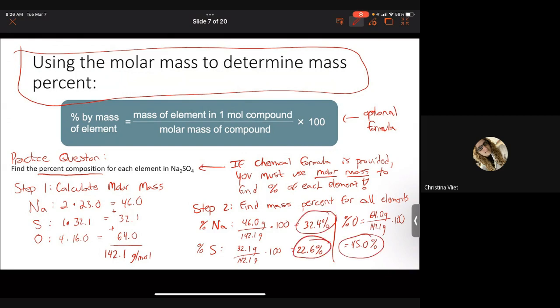And then what you can do, just to check to see if the work has been done right, is add up your percentages. If these percentages add up to become 100, then you know that your work is on track.